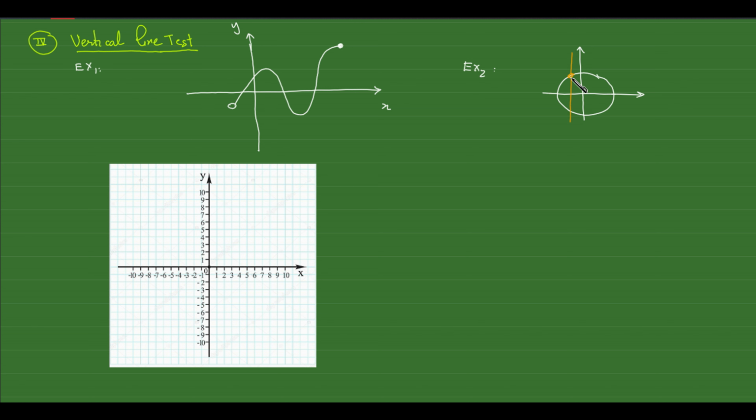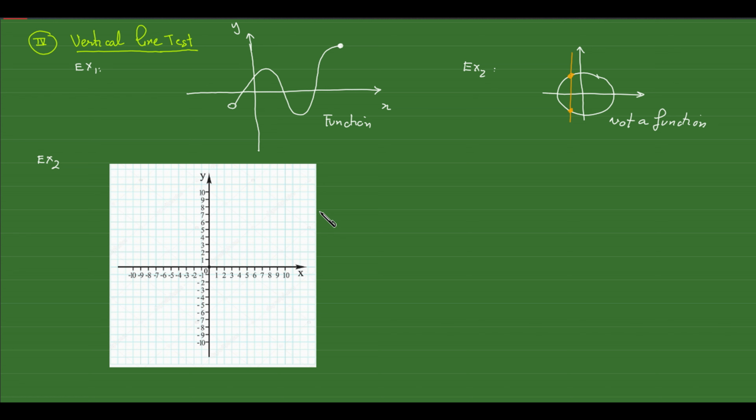It cuts at 2 points here. See that? So this is a function, and this is not a function. Alright. The vertical line test is very easy to use.